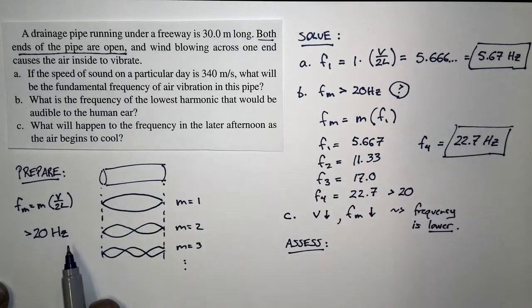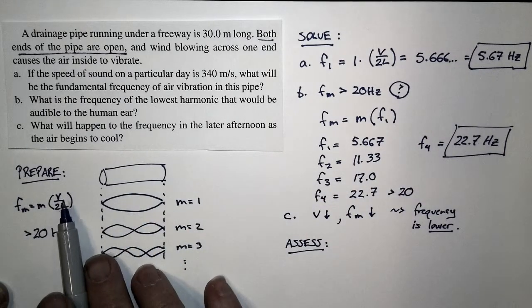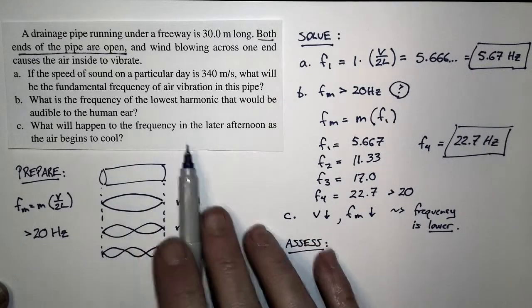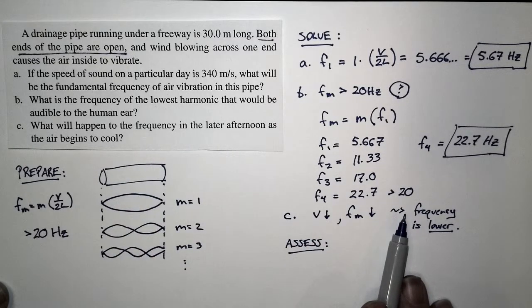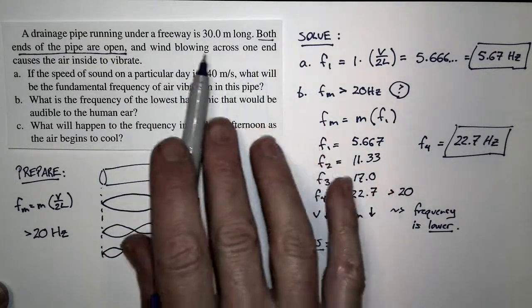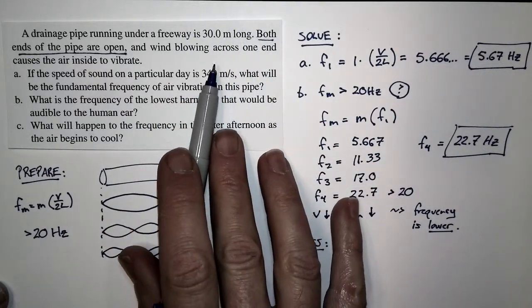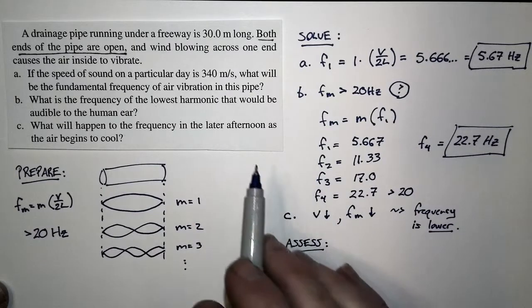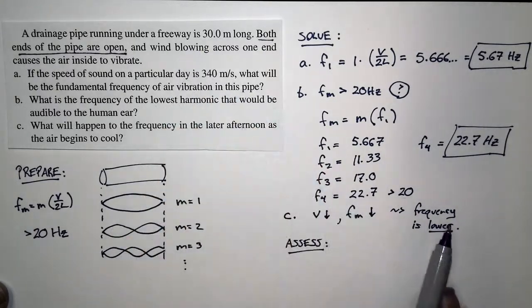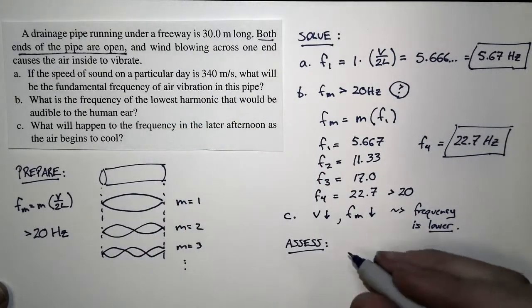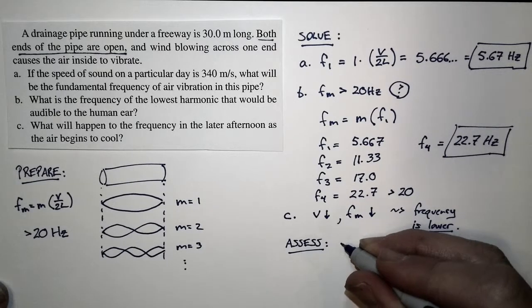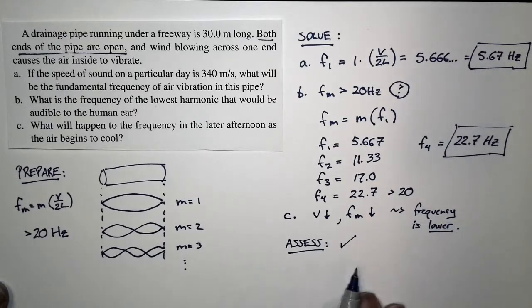We also know that the frequency varies with the speed, and if the speed is lower, the frequency will be lower as well. And this is a typical length for long tubes like drainage pipes. You don't hear these things singing as you drive by. And so you expect that the frequencies are lower than you can hear. That's in fact what we find. And so as our assessment, we can say that this does match our ideas about how the world works.